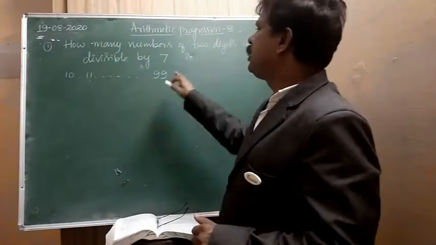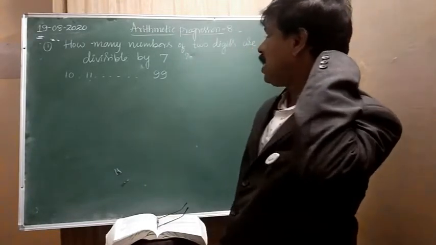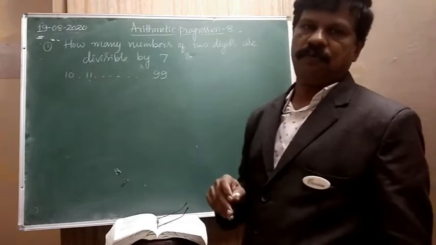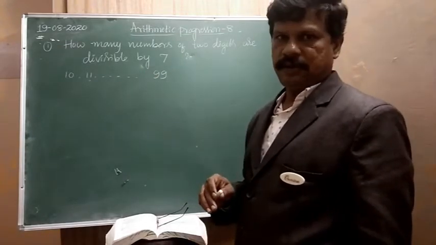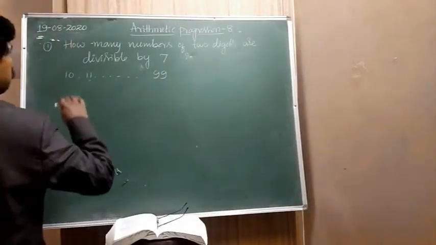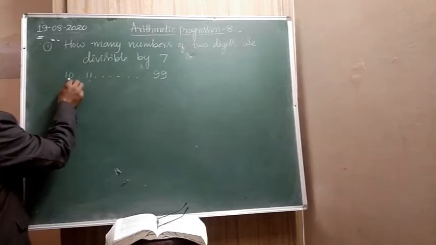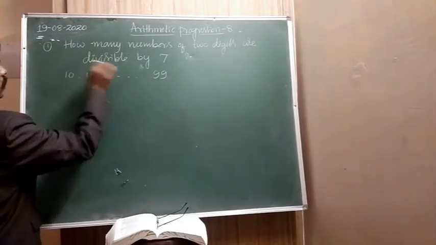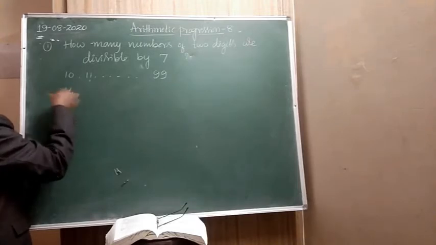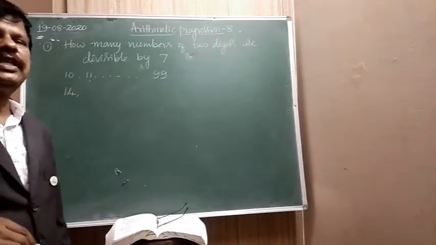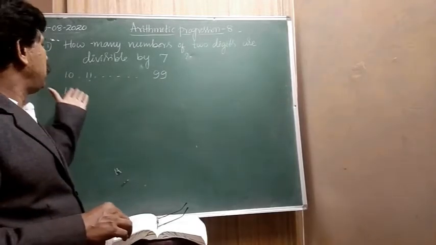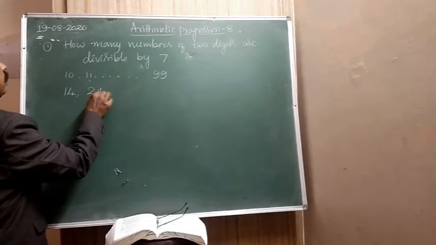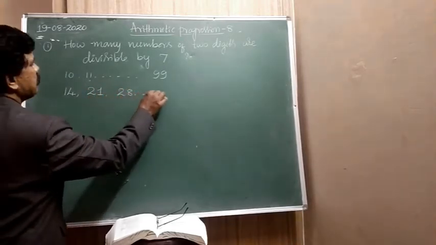Among these, we have to find how many are divisible by 7. 10 is not divisible by 7, 11 is not, 12 is not, 13 is not, then 14 is the first 2-digit number which is divisible by 7. After 14, then 21, then 28, etc.